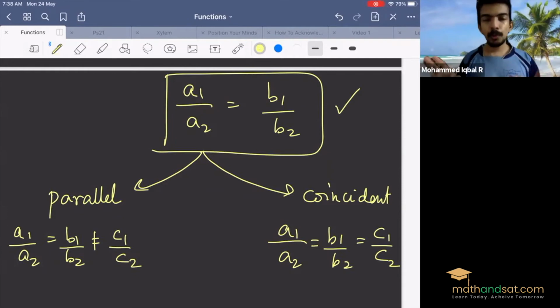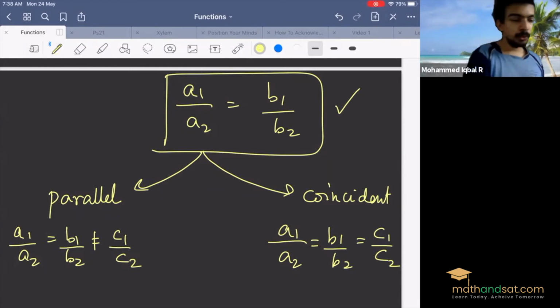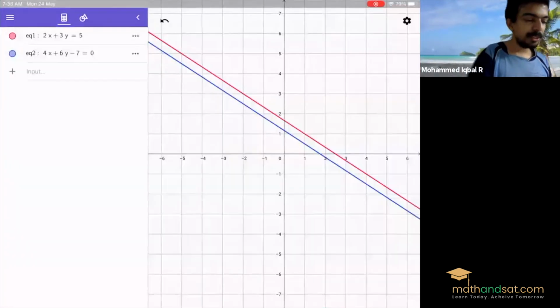When you have two lines with the same slope, it simply means that they are in the same direction. Slope is an indication of the direction of the line. For example, you take these two lines.